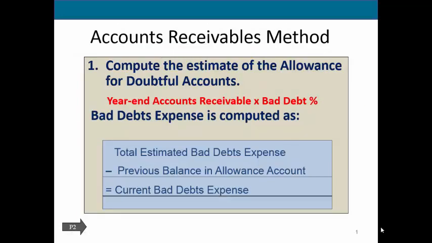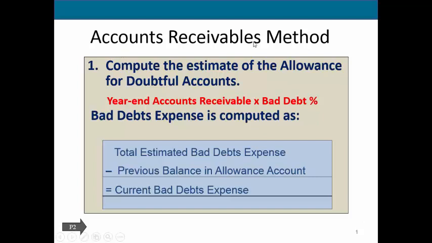So now we're going to move into our accounts receivable methods. These methods are very similar, and I like to think of these as balance sheet methods because we are applying our percentages to a balance sheet item. That balance sheet item is our accounts receivable.